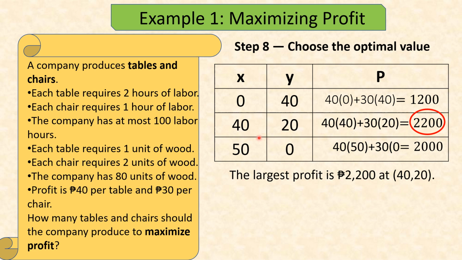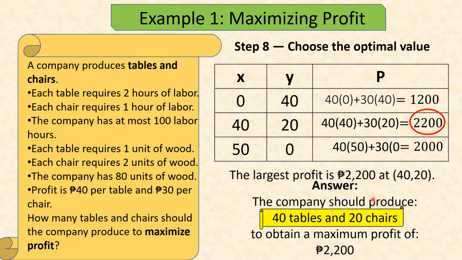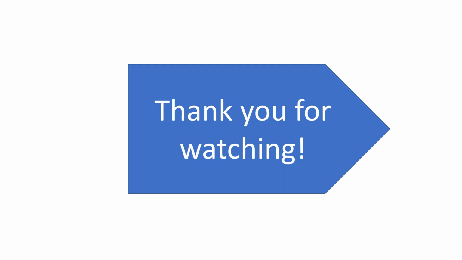Or if you produce 40 tables and 20 chairs, you will receive 2,200 pesos as profit. So our final answer is the company should produce 40 tables and 20 chairs to obtain a maximum profit of 2,200. And that's it. Thank you for watching.